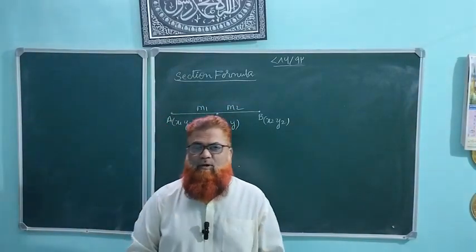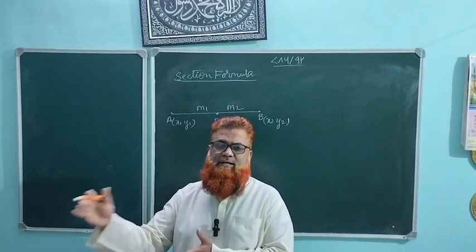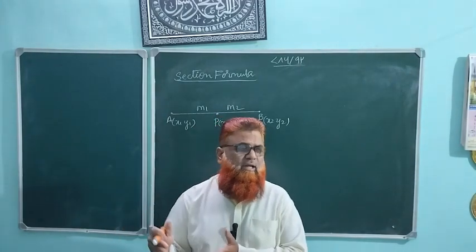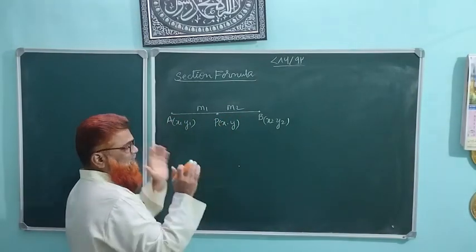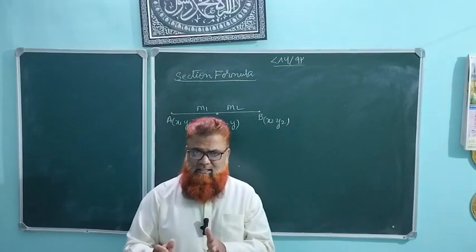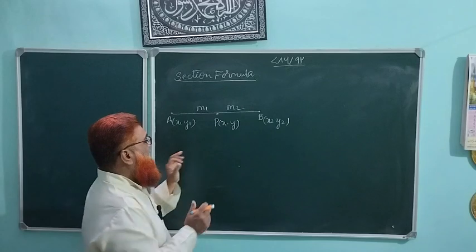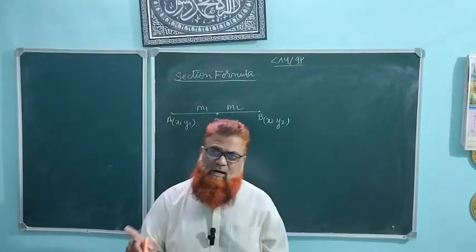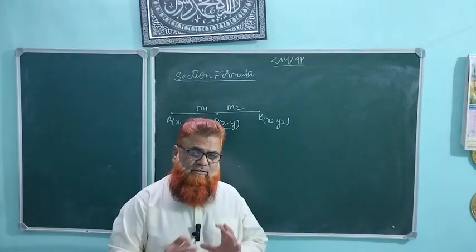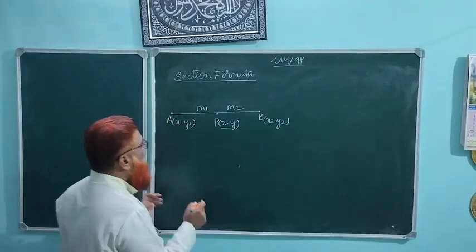For any division, for any section, the division leads to some ratio, isn't it? Here A and B, the point P divides AB at the coordinates x and y in the ratio m1 and m2, and this should be represented in the form of a formula.